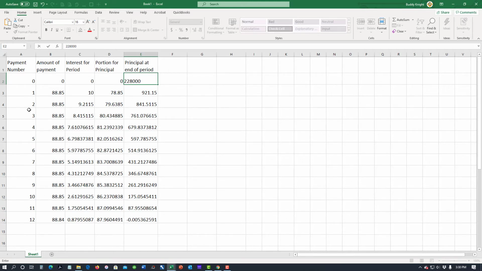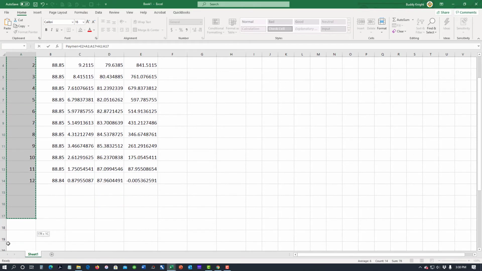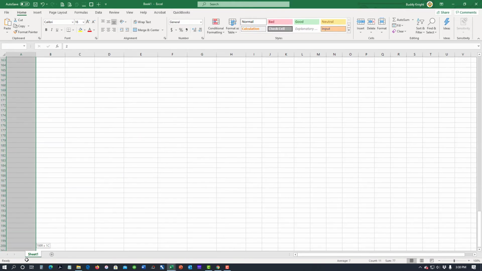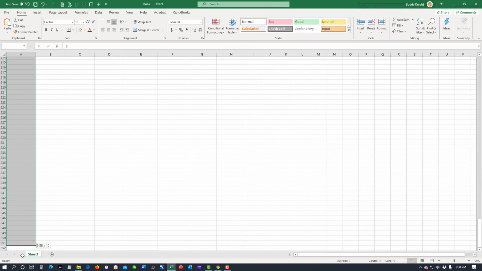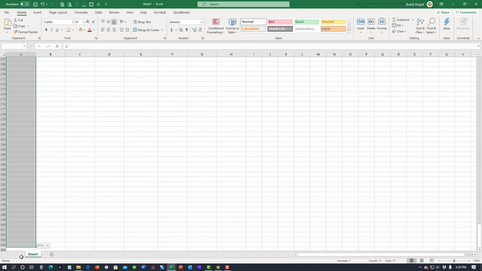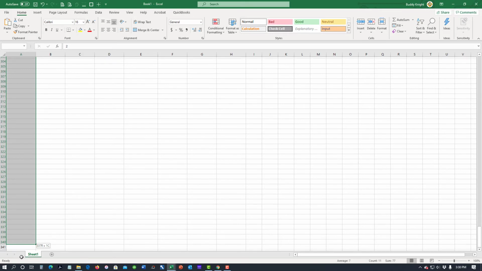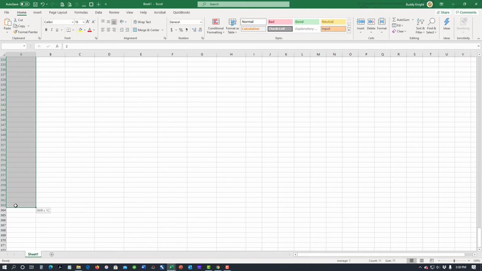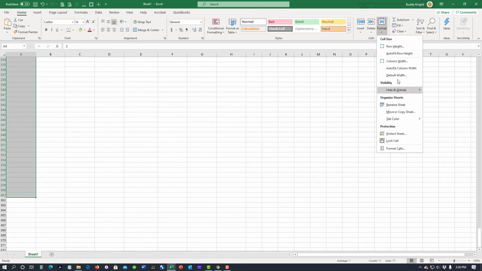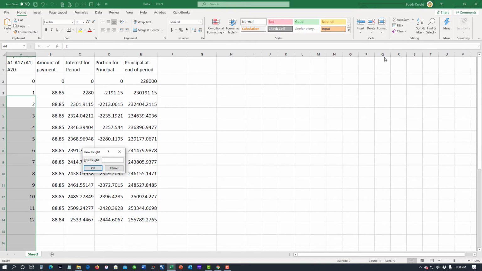I know it was a 30-year mortgage, so I'm going to want to add quite a few lines here. So I'm going to come down this way, if it will let me. And we're scheduled to make 360 payments, so I need 361 lines, since I have one for my heading. And I'm going to make those somewhat higher.